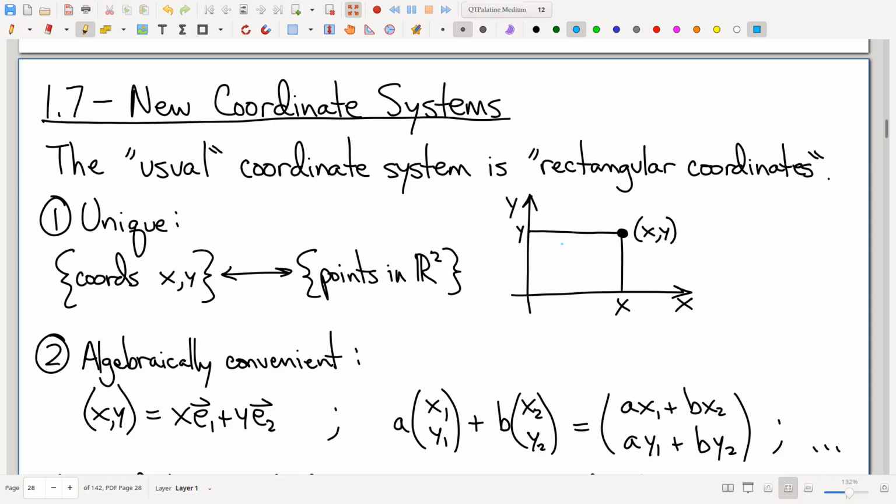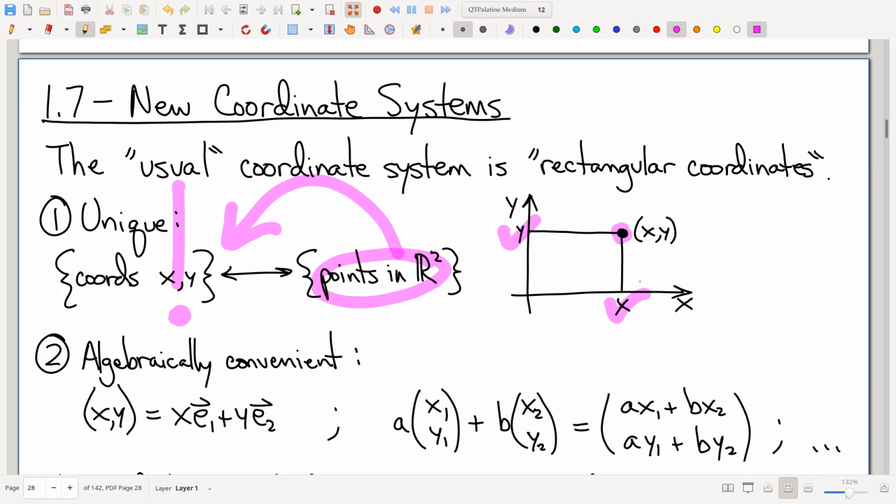So here we go. Rectangular coordinates are unique. Seems like a silly thing to say, but if you have a point in the plane, there is exactly one set of coordinates to describe where that point is. Well, of course, seemingly obvious.